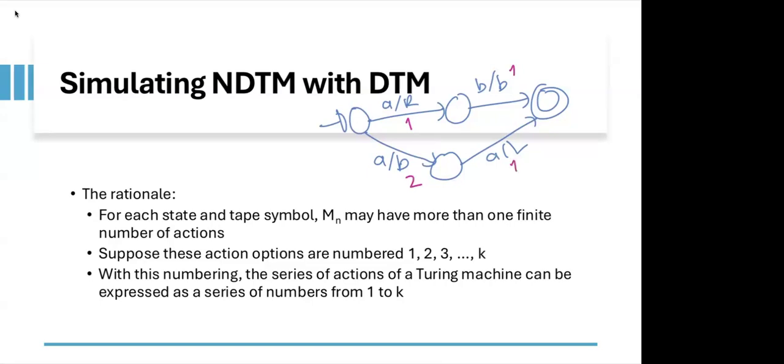So the series of actions here means we may have one, we may have two, one. This means we will go in this direction, but this means we will go in this direction. So we number the possible actions, and we can have a series of transitions that we may follow for the non-deterministic Turing machine.